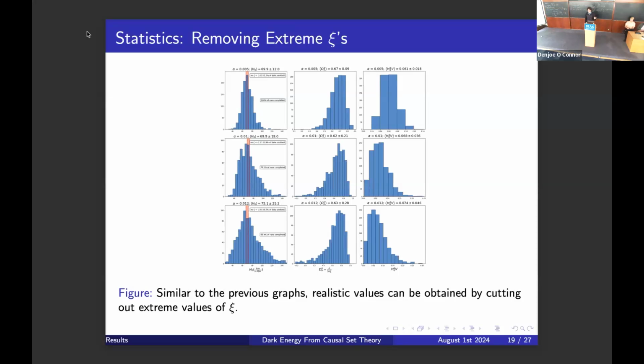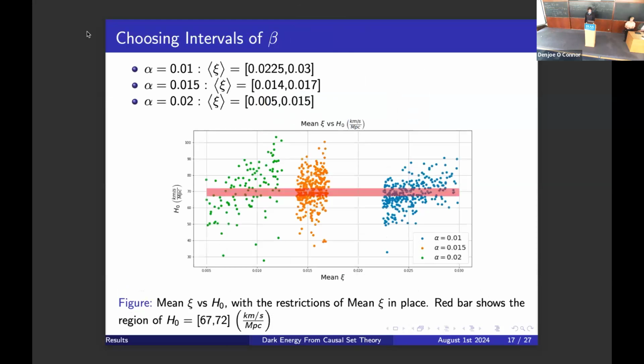Same as we saw before, for higher alpha you don't need to turn this quite so high. This is 0.02, so it's the same kind of deal there.